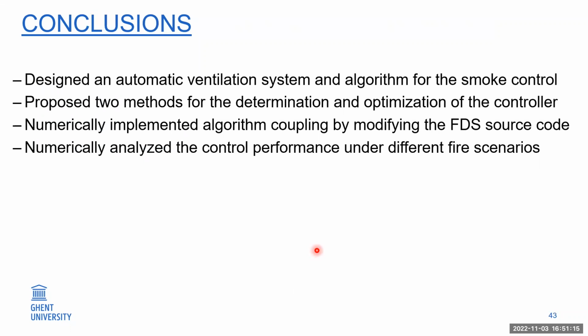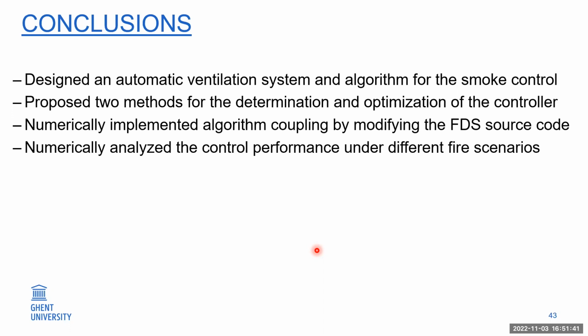We designed an automatic ventilation system and algorithm for smoke control, and we proposed two methods for determination and optimization of the PID controller's parameters. And we numerically implemented the PID algorithm coupled with the CFD solver.